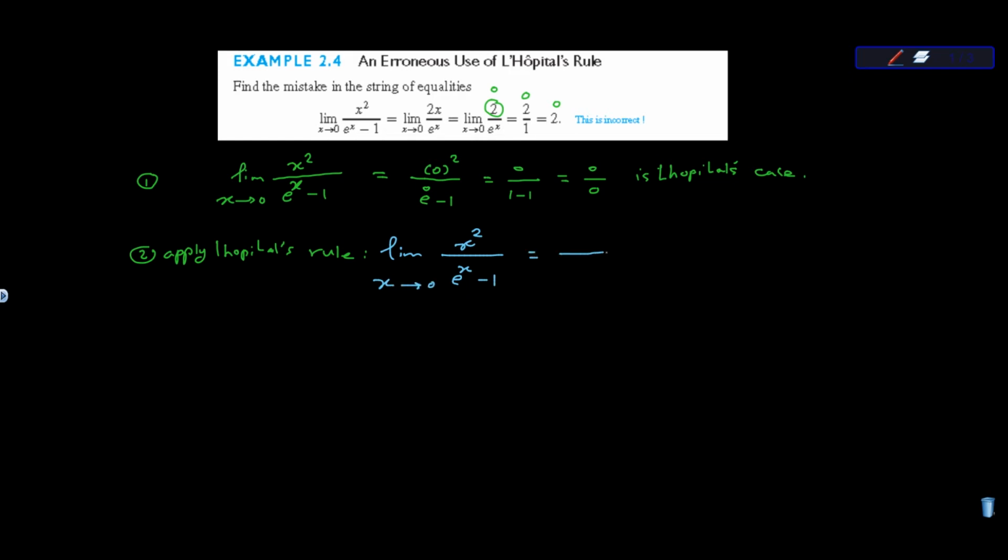This is equal to the limit as x approaches 0 of the derivative of x squared over the derivative of e to the power x minus 1. Now we can substitute to get 2 times 0 over e to the power 0, which is 0 over 1, equal to 0. This is the specific limit. We can write finally the limit of x squared over e to the power x minus 1 as x approaches 0 equals 0.